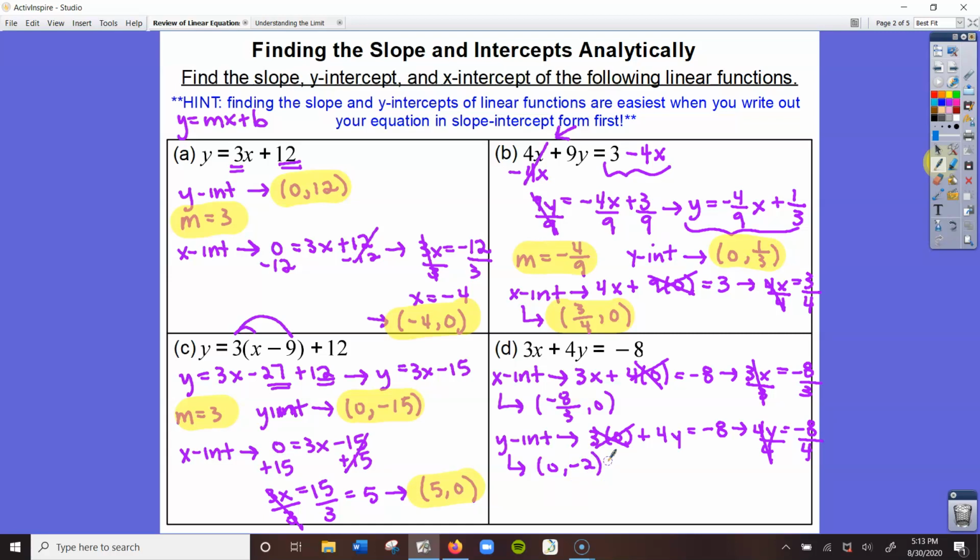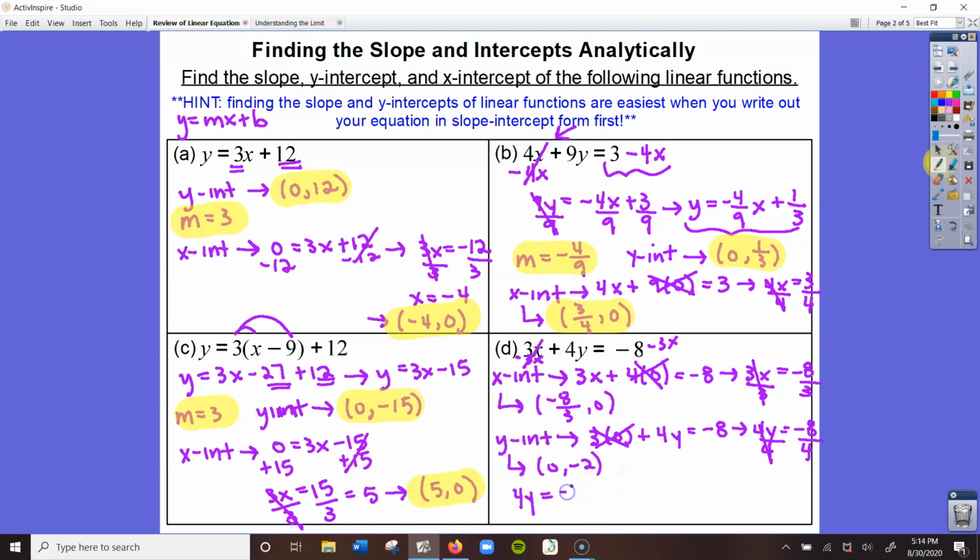Now to find the slope, we will have to take that equation and write it in the form y equals mx plus b so that we can see the slope. Okay, so our first step would be to subtract this 3x so that way we can get that y alone. So if we subtract the 3x, I'm going to do it up here so you can see. We would get the equation 4y is equal, now remember, I'm going to keep it in the proper order of y equals mx plus b.